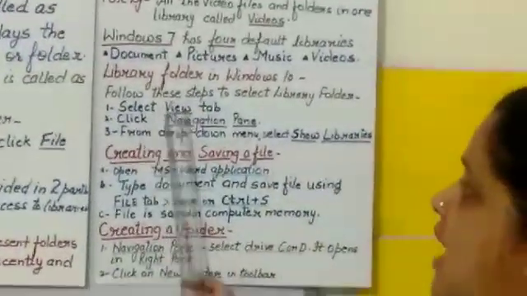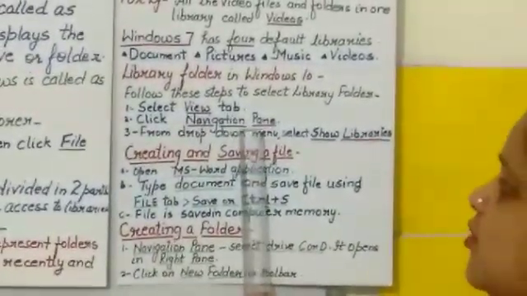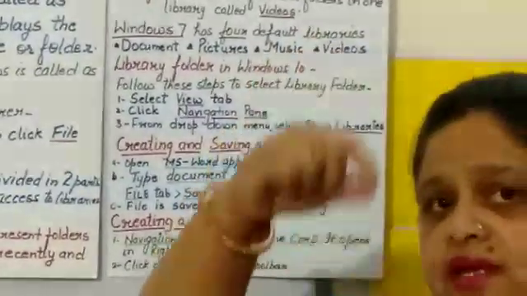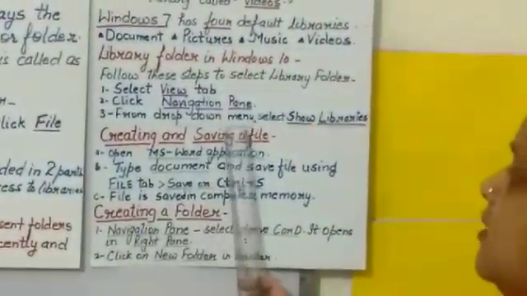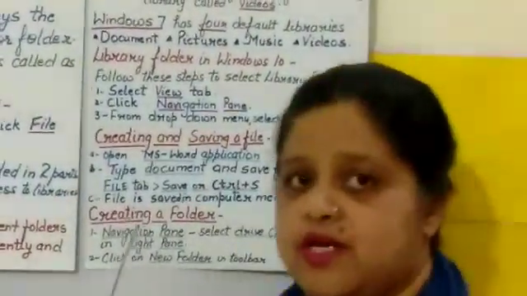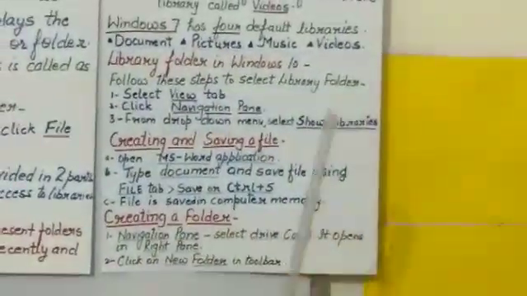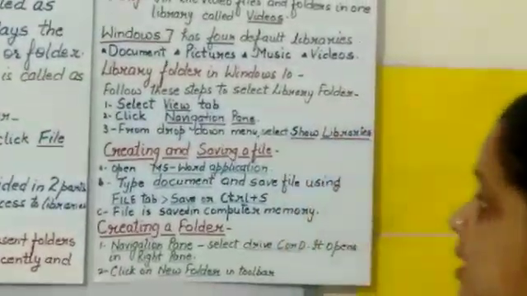Click the View tab, click Navigation pane, and from the drop-down arrow, the small arrow pointing downwards, select Show Libraries. When it shows libraries, all these documents will be shown. From there you can select any of the libraries which you want.